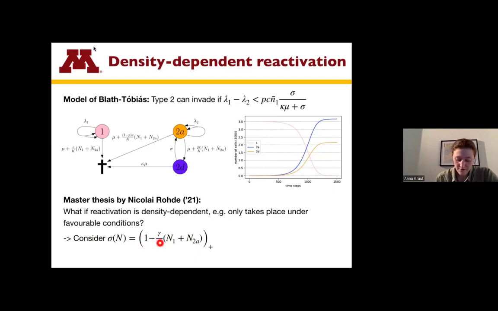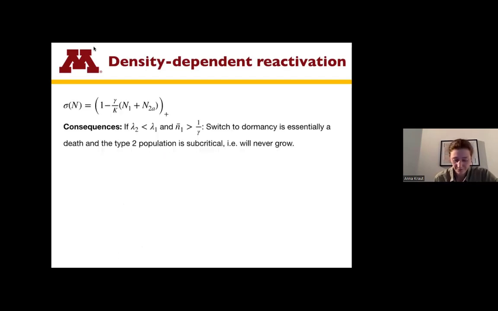If we look at this new rate in particular, we're only looking at the positive part here. If the current population size is larger than k divided by this new parameter gamma, then the activation rate will just be equal to 0.